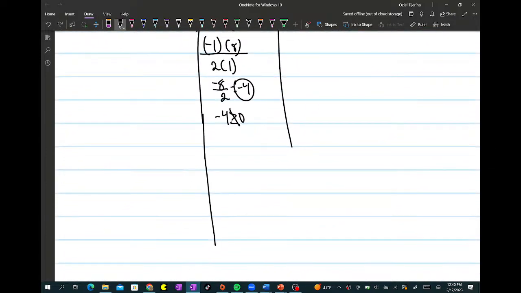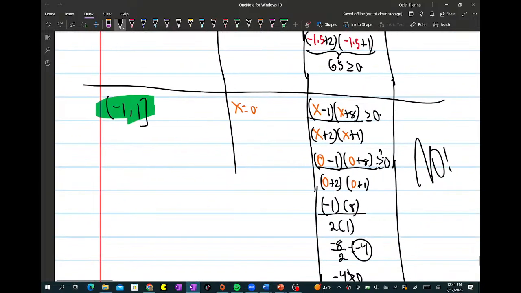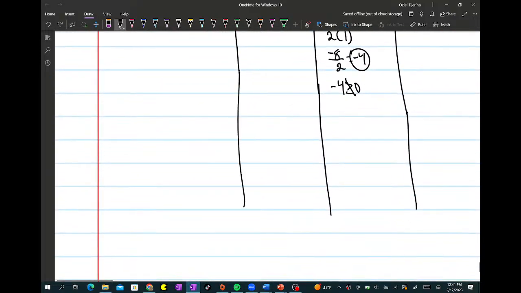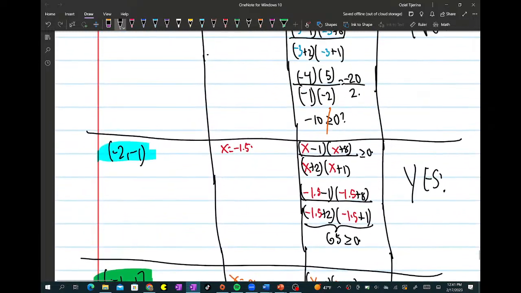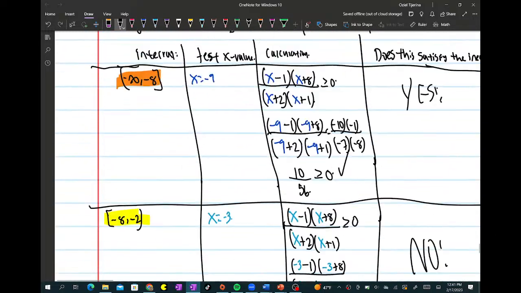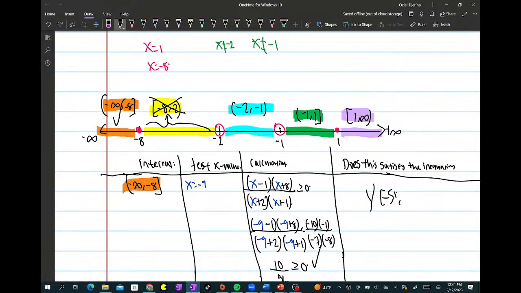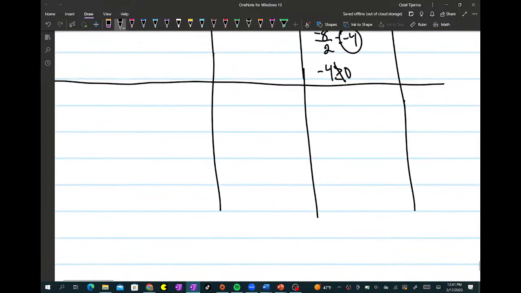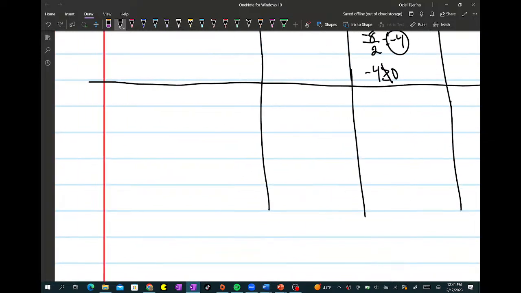And so that is how you do the one for negative 1 to 1. And lastly, the last one is from 1 to infinity. So again, we're not doing it at x equals 1 because we already did that. We already know that that is included.